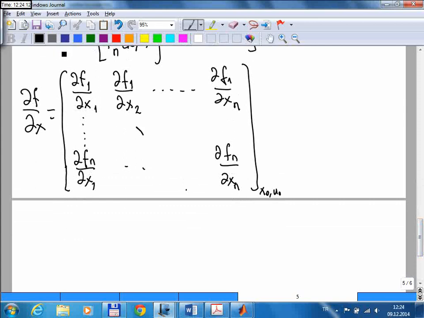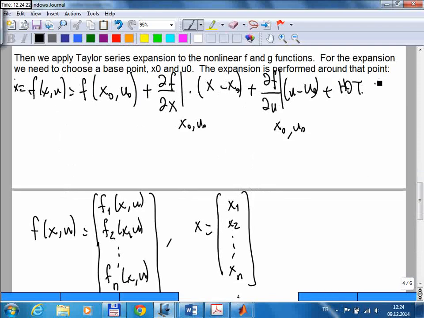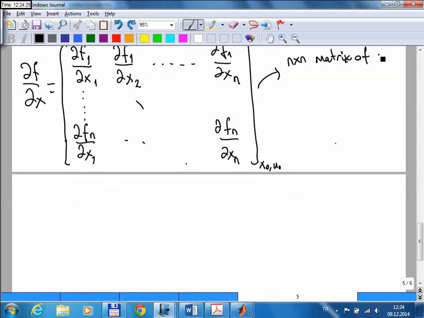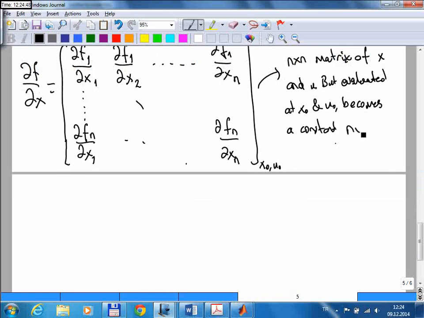Okay, so normally this is an n by n matrix of x and u, but when we evaluate it at x0 and u0, it becomes a constant n by n matrix.